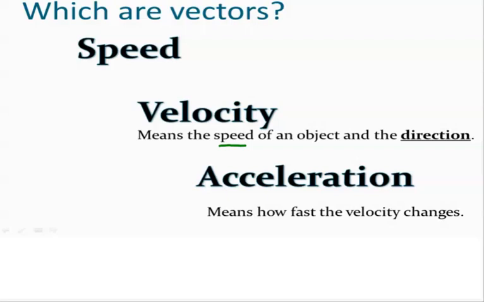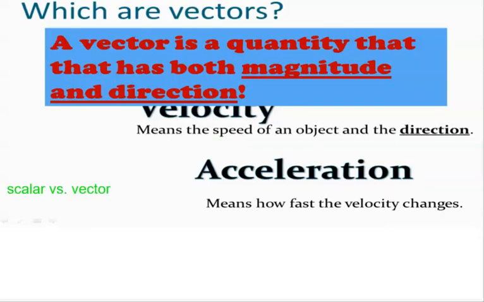So which one of these are vectors? Well, a vector is a quantity that includes magnitude, which is usually a value like 55 meters per second or miles per hour, and direction. This one had direction, so this one is a vector.